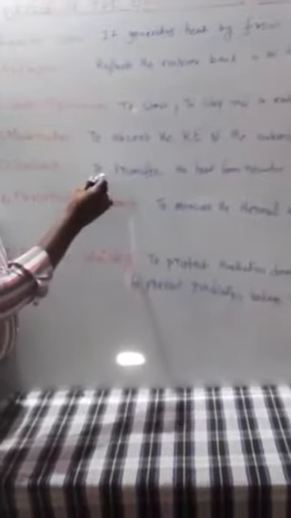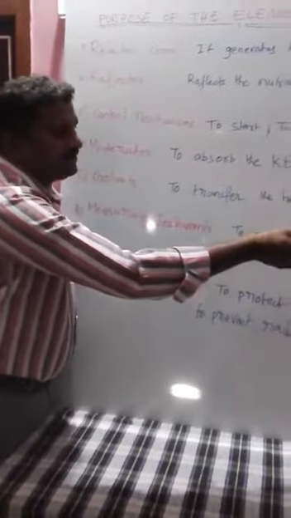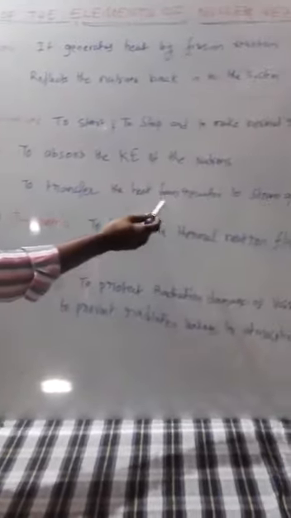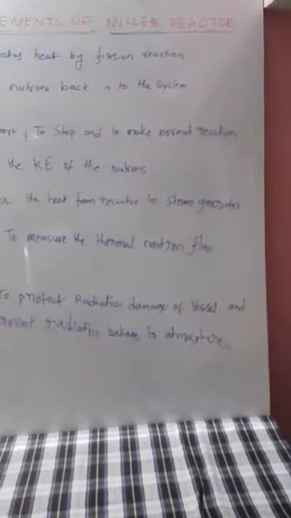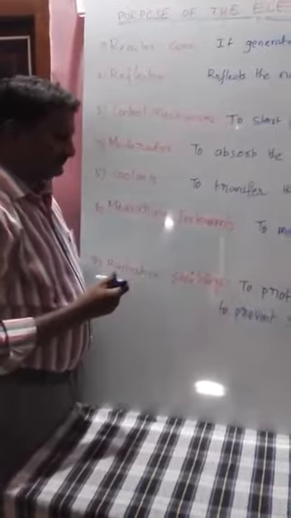That means this coolant is meant to transfer the heat from the reactor to the steam generator. After rejecting the heat to the steam generator working fluid, the temperature reduces and it comes back to the nuclear reactor core. And sixth, measuring instruments.